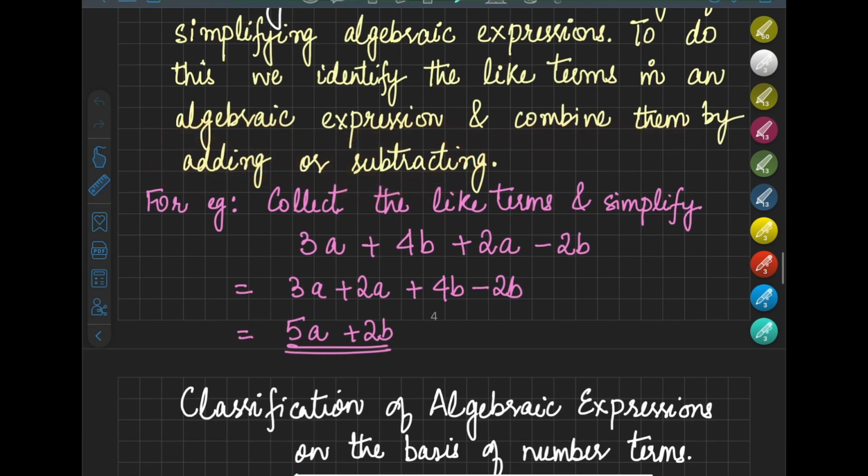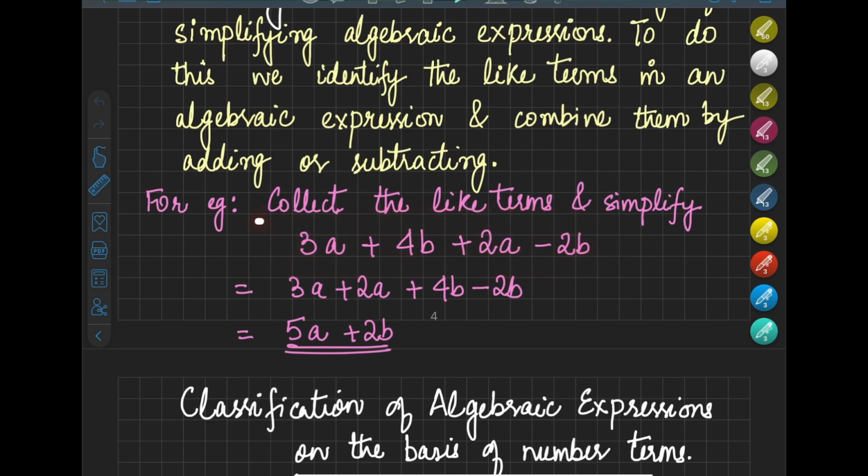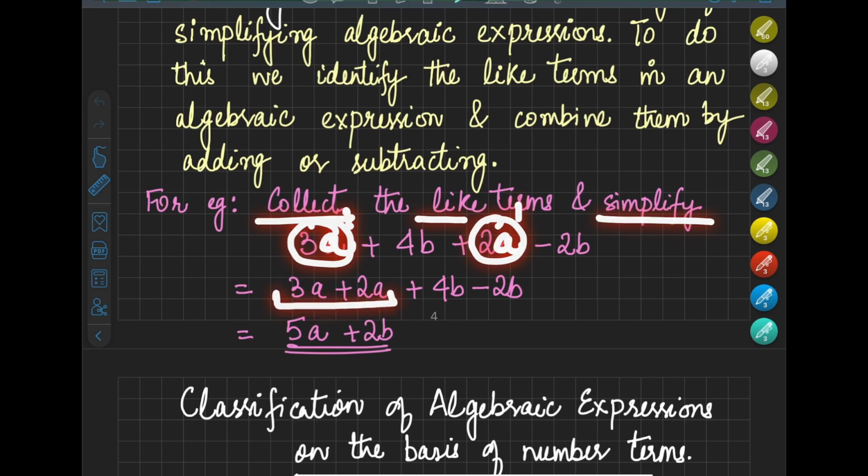Say for example, there is this expression 3a plus 4b plus 2a minus 2b, and the question says to collect the like terms and simplify it. So 3a and 2a are like terms because the variable a and the exponent of the variable a are the same, so that is why they are like terms.